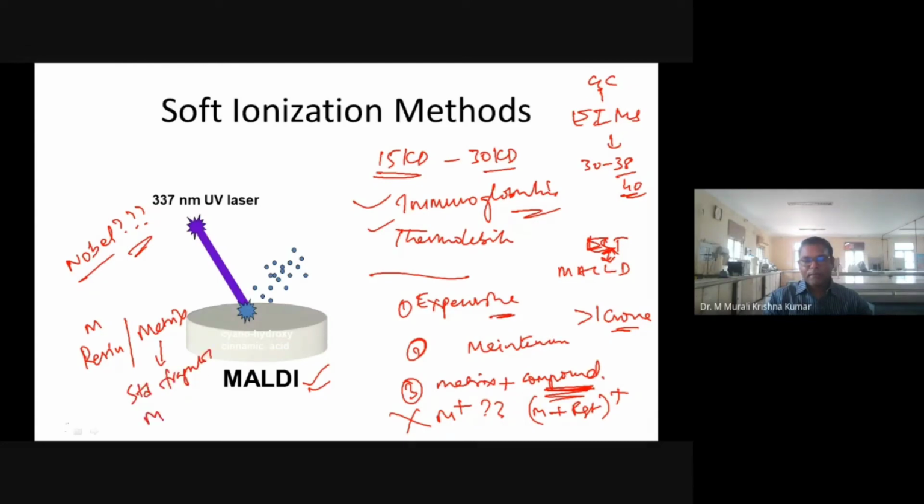Okay, so that M plus fragment 1, M plus fragment 2, like this you have to see and analyze the mass spectrum. So in this way.